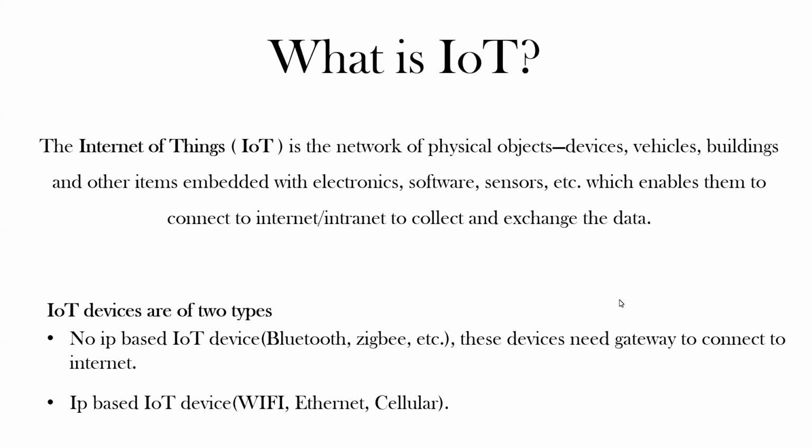So why do we use the word intranet? Because for security reasons, many companies connect their sensors and devices to their intranet only. But again, because we have VPN today, users can control their devices across the globe by just staying in the intranet.